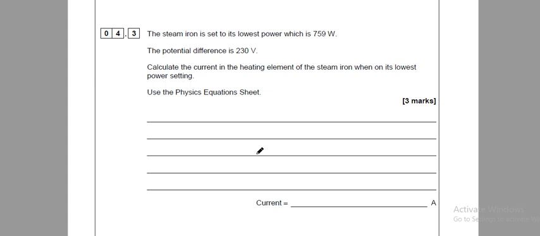Calculate the current. We know that P is equal to I times V. So I equals P over V, which is equal to 3 ampere.